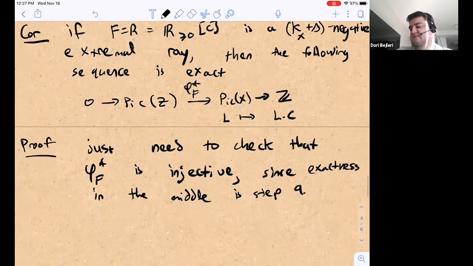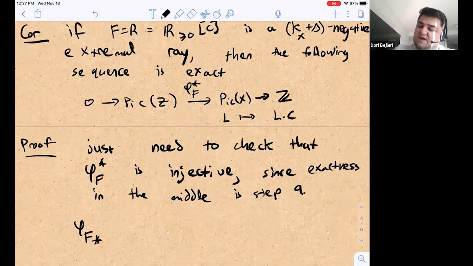But for phi F upper star being injective, we can use the projection formula. So we also have this map phi F lower star, which a priori sends line bundles on X to some coherent sheaves on Z, not necessarily line bundles.